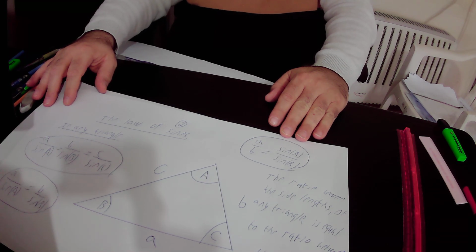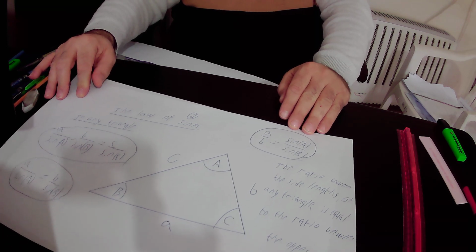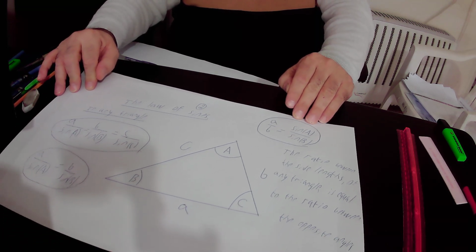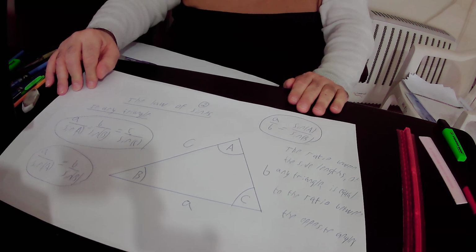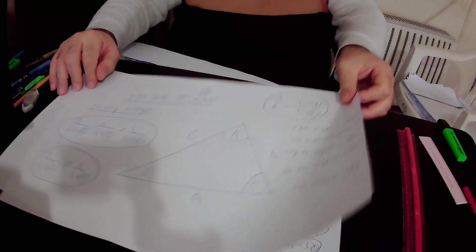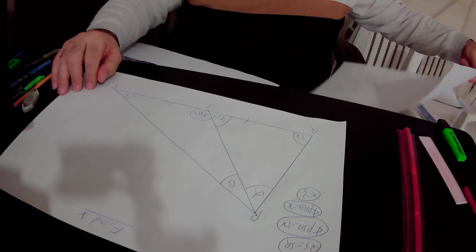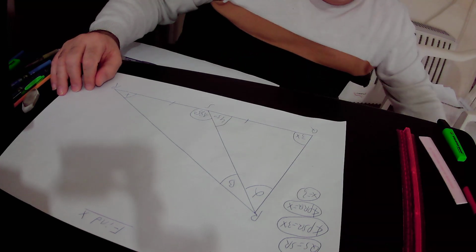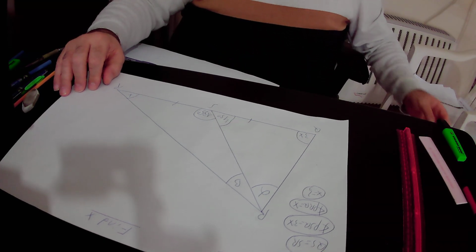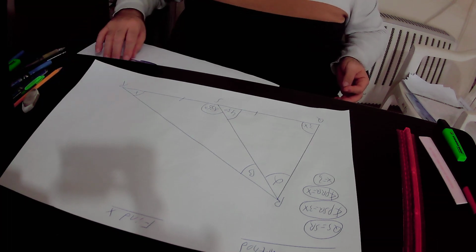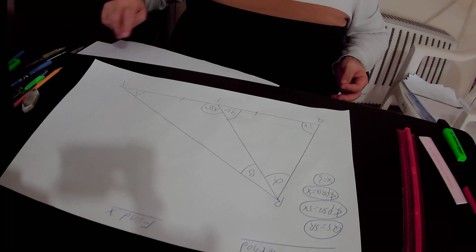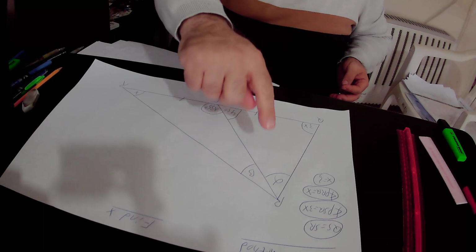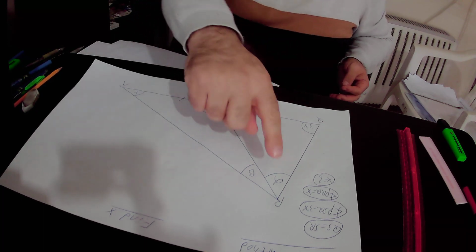The meaning is that the ratio between the side lengths of any triangle is equal to the ratio between the sines of the opposite angles. Then in our drawing we can create the equation that states that PS over QS equals PS over SR.